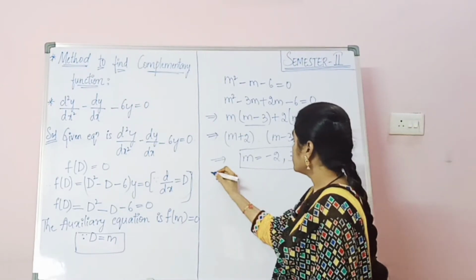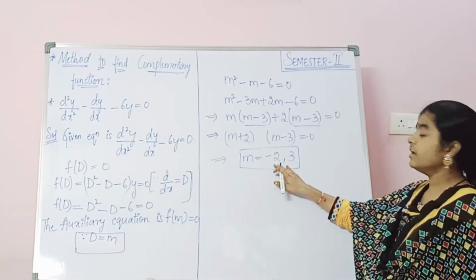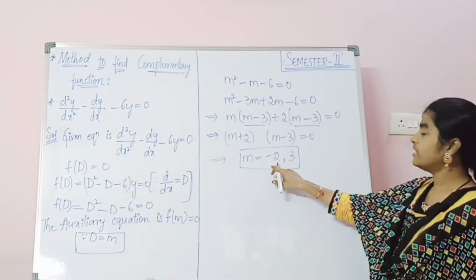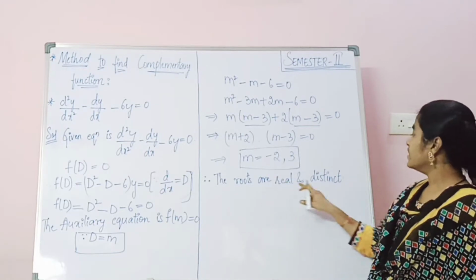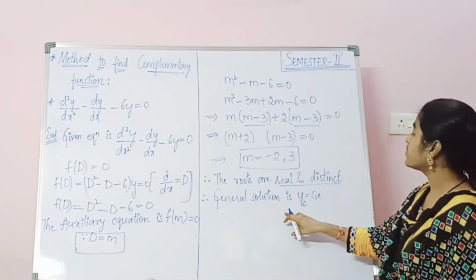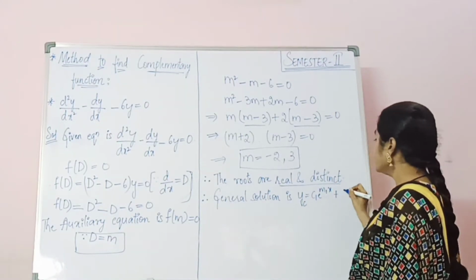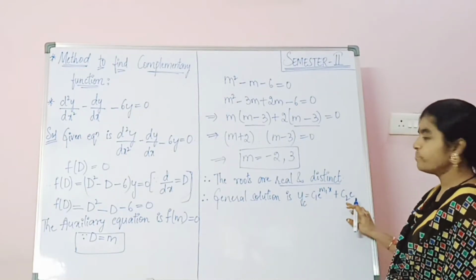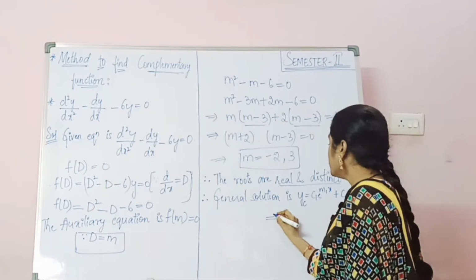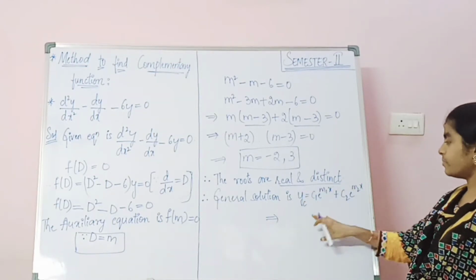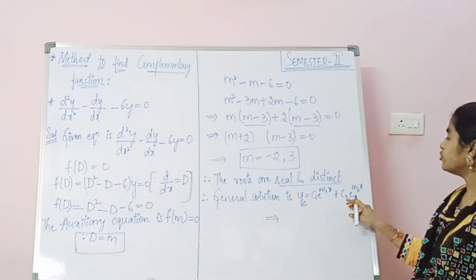Next, according to step 4, these roots are real and distinct. Both roots are different. Therefore the general solution is yc equals c1 e power m1x plus c2 e power m2x.